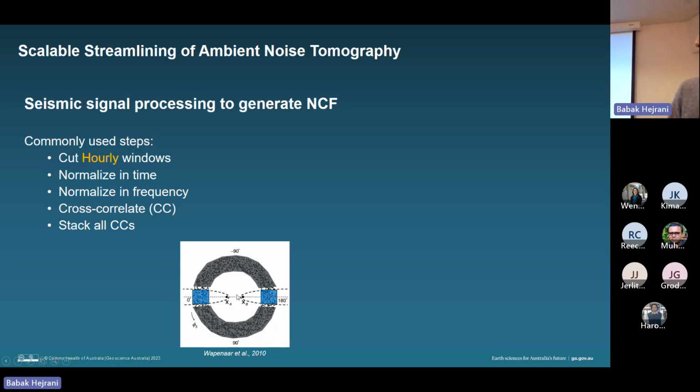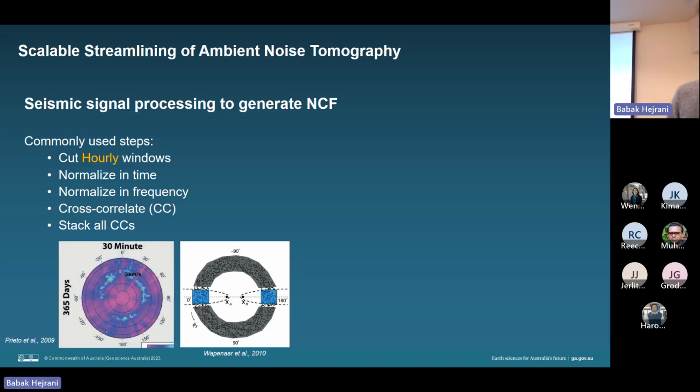The two lobes in blue contribute constructively to the construction of surface wave signals, but the ones perpendicular to our stations, at minus 90 and 90, are destructive. So the idea of stacking is that the ones at minus 90 and 90 cancel each other out, and the ones at 0 and 180 amplify each other. That's the whole idea.